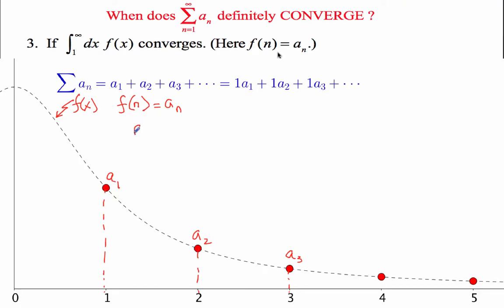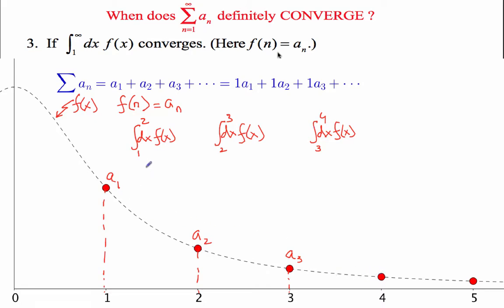Now, let me look at the integral of f of x from 1 up till 2, which is the area under this dashed curve here. Similarly, the integral from 2 to 3 of f of x is the area under this dashed curve, and if I go from 3 to 4, that'll be under this part of the curve.